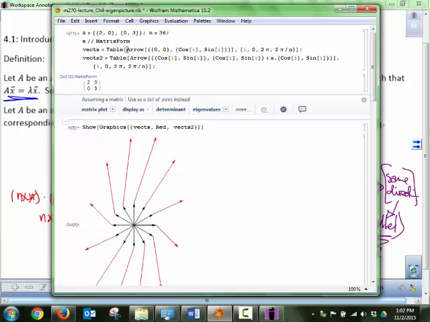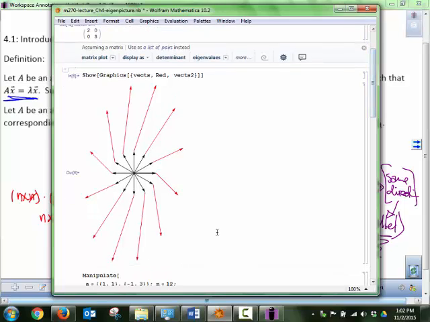Anyways, this is my matrix. My matrix is 2, 0, 0, 3. And if I sample these vectors and I apply it to the matrix, these are what I would have. And so by looking at this, what looks like it might be a good candidate for my eigenvector? Looks like this one, right?